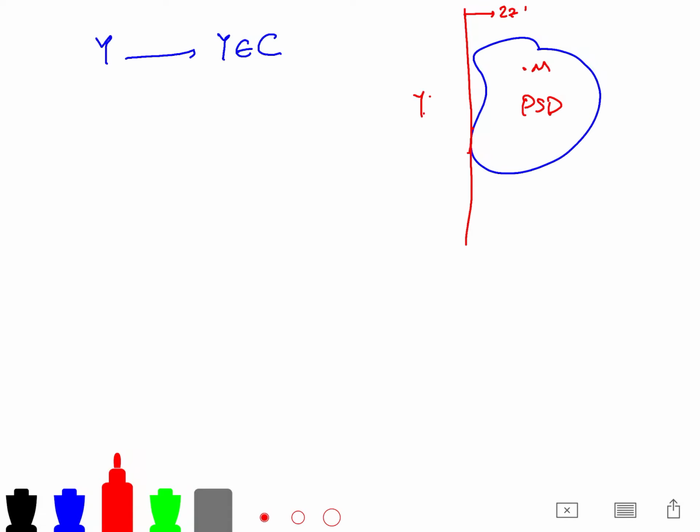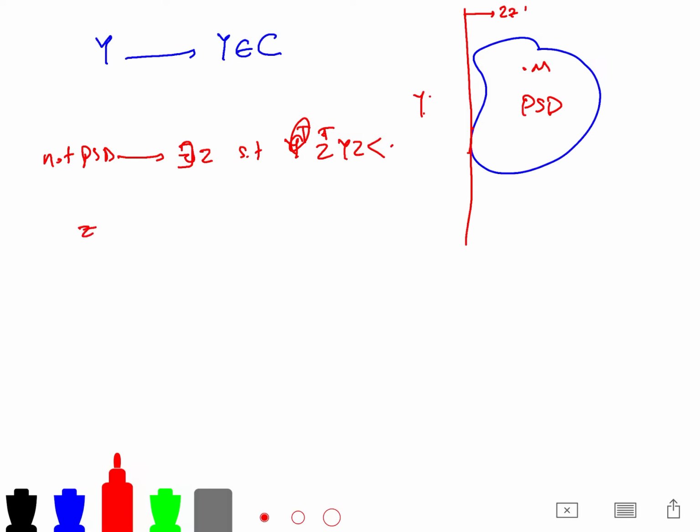If y is not PSD, then there exists a Z such that Z transpose YZ is less than 0.